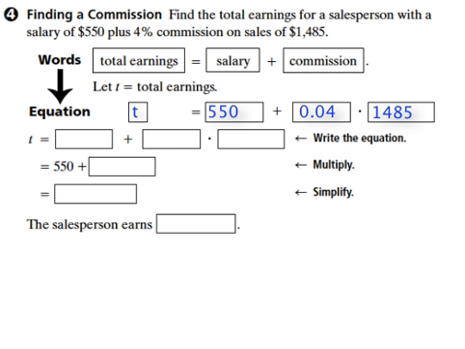So the total earnings is going to be $550 plus 0.04 times $1,485. 0.04 times $1,485 is 59.4. So 550 plus 59.4 would be $609.40. So the salesperson earns $609.40.